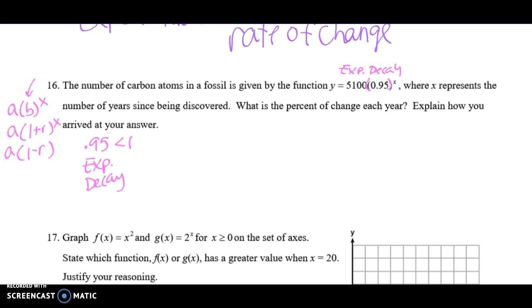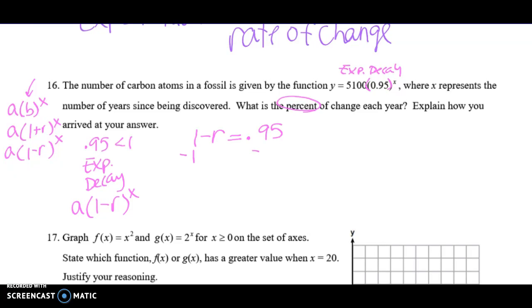So now I'm going to use the A times 1 minus R format of the function to figure out that percentage. I took 1 minus R and I plugged in whatever R is to get this answer of 0.95 that's in the formula.